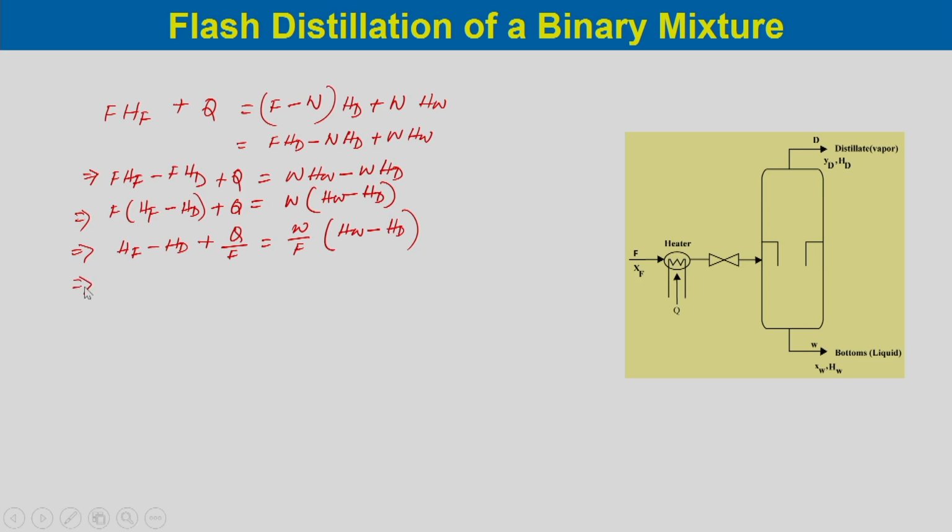So, from here we can write W by F into HD minus HW would be equal to HD minus HF plus Q by F.